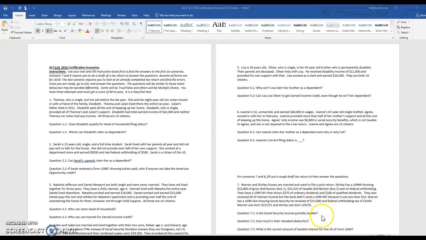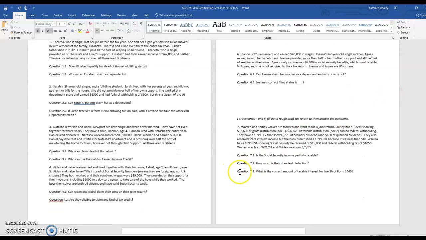the questions being asked are whether or not Social Security is partially taxable, how much is their standard deduction, what is the correct amount of the taxable interest for line 2B of Form 1040.